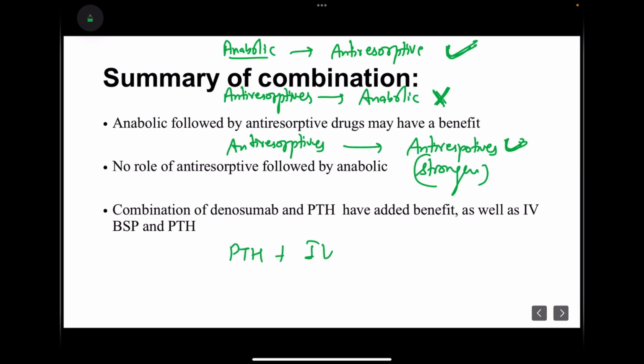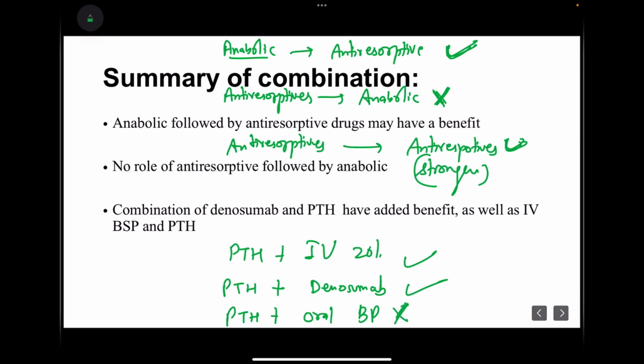Teriparatide with IV zoledronate and teriparatide with denosumab can be given, but teriparatide with oral bisphosphonates like alendronate should not be given. This is the summary of this narrative review that we should keep in mind.